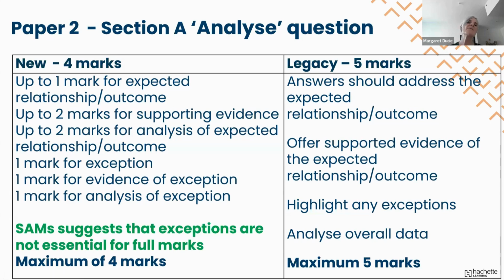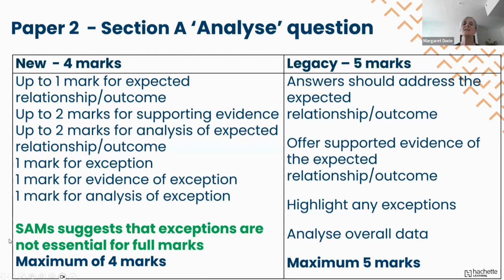Now, if you just look at the left-hand column, in the new syllabus, they get a mark for the expected outcome and then up to 2 marks for supporting that with evidence and up to 2 marks for analysis of the expected relationship or outcome. So the sample assessment materials suggest that exceptions are no longer essential.